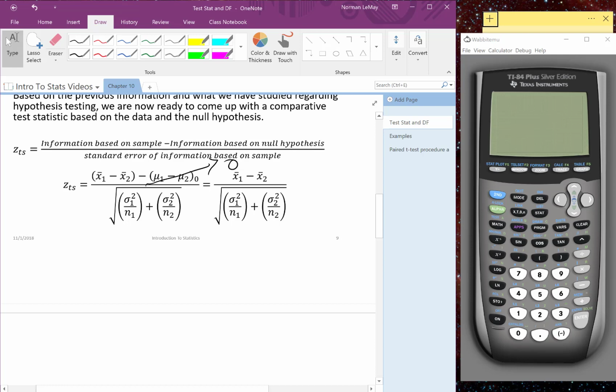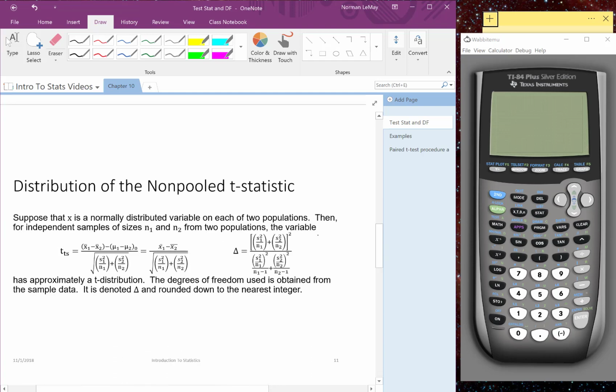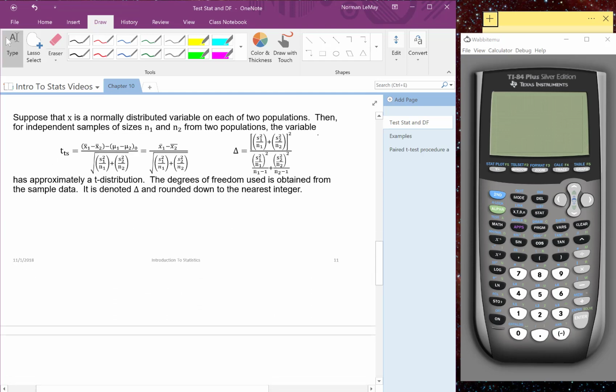But in practice we don't know sigma 1, and we don't know the population standard deviation of the second population. As we discussed under the single population means, when we substitute s1 and s2 for sigma 1 and sigma 2 respectively, it changes the whole distribution property. This now becomes a t distribution.